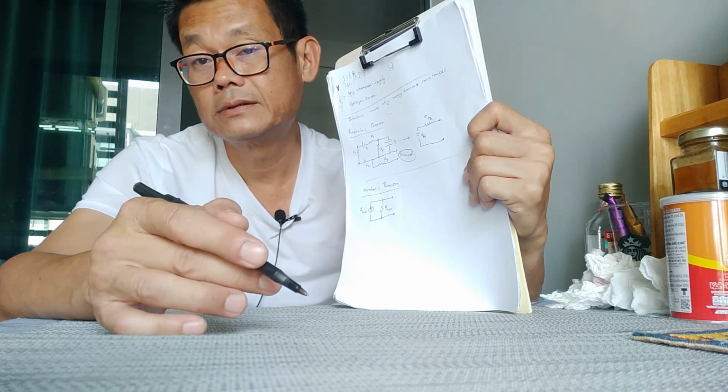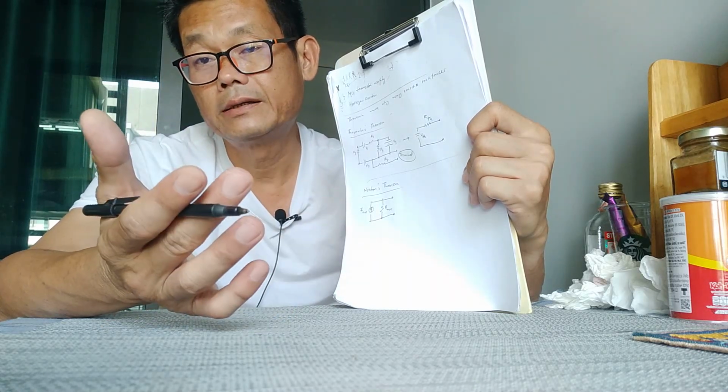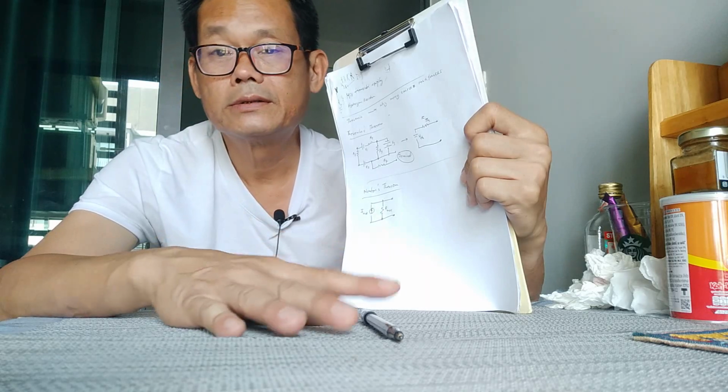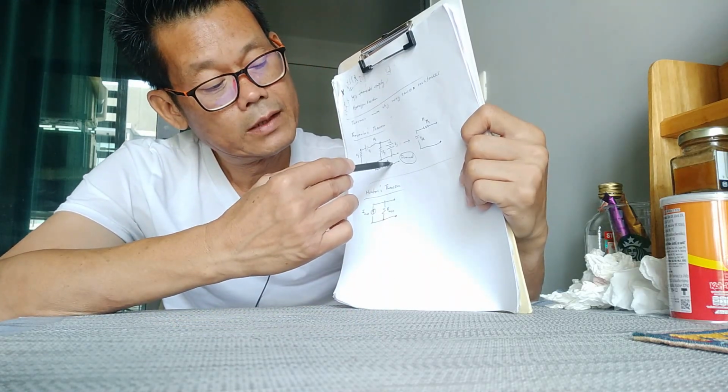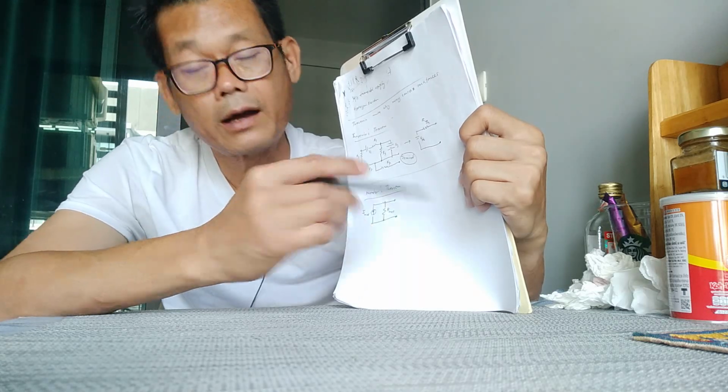That's in practice. Okay, you have a meter, right? You can use your meter to measure the current by connecting your multimeter in series with R4.